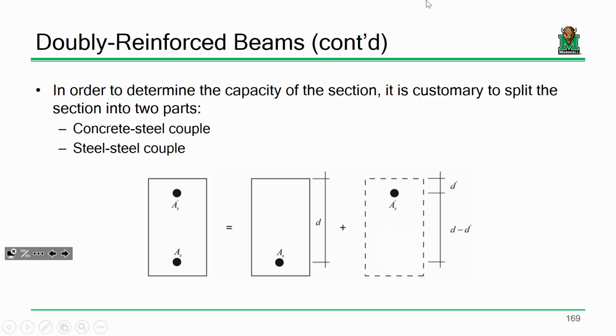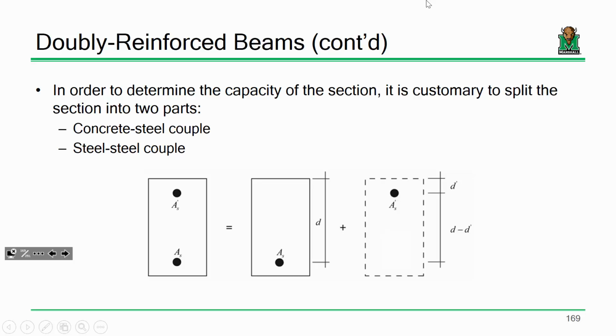When we look at doubly reinforced capacities, we do it a lot like we did T-beams. Remember, we had two couples that we dealt with: the flange steel couple and the web steel couple. For doubly reinforced beams, we have the same deal. We have the couple between the tensile steel and the concrete in compression, so we call that the concrete-steel couple.